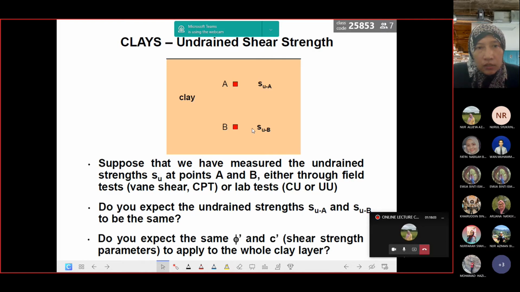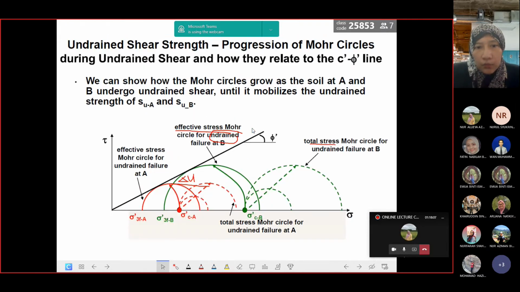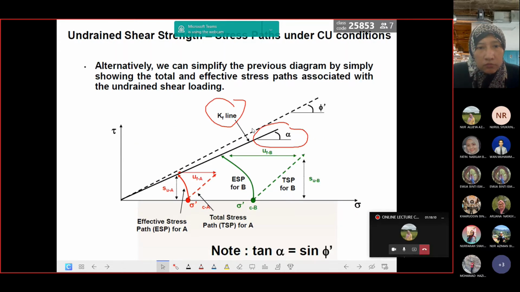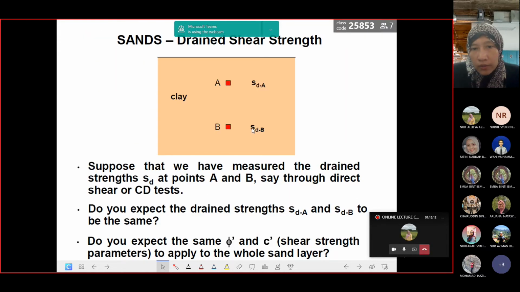Okay, the difference between clays and sands, I will leave you to read and understand on your own, because what I explained earlier is the general concept for soil type.